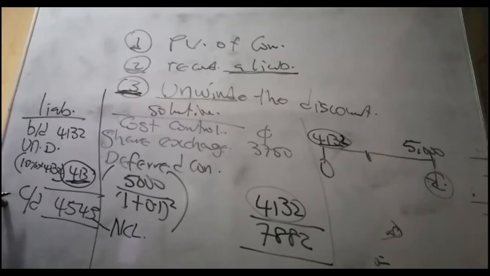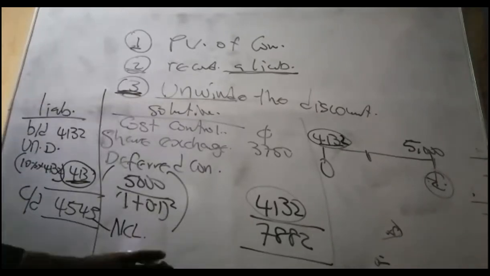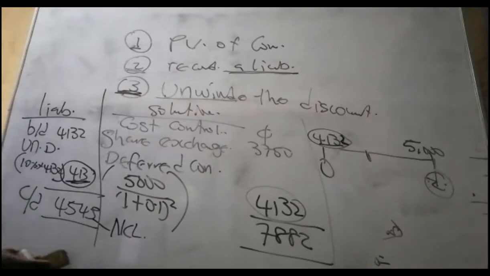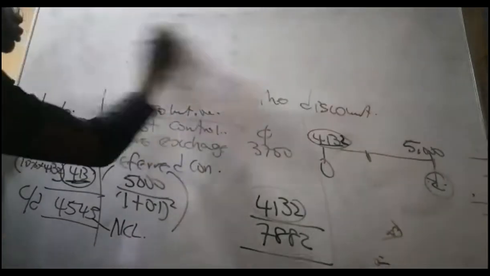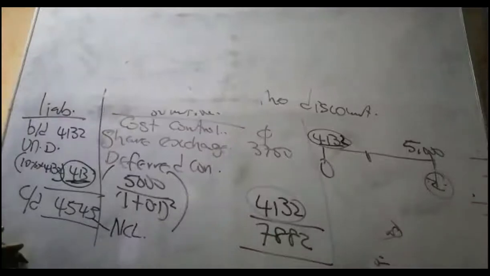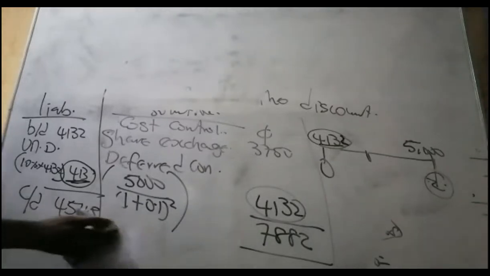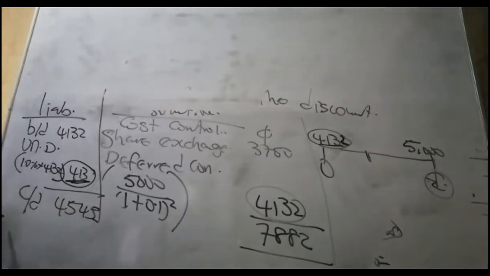When you go to year two, in year two, continuation. You just have to find the unwinding of the discount. Just multiply this one by 10%. If you multiply by 10%, you get 455. You add, you get exactly 5,000. That's the closing balance.